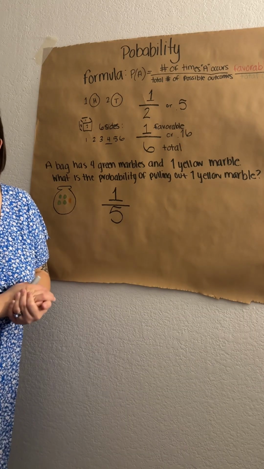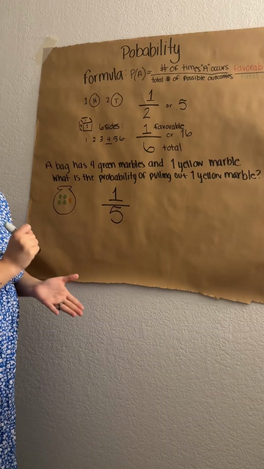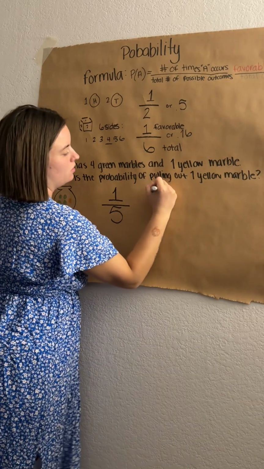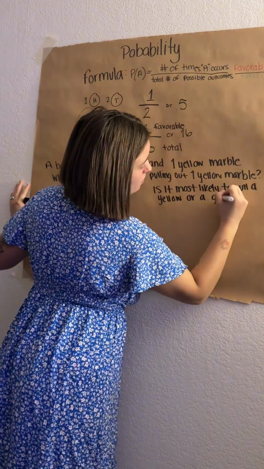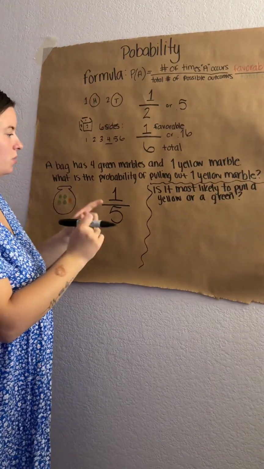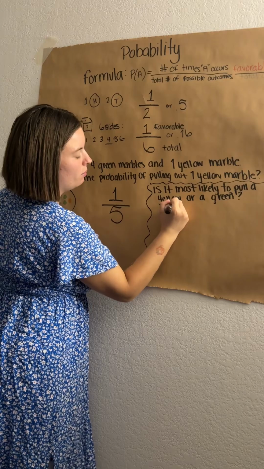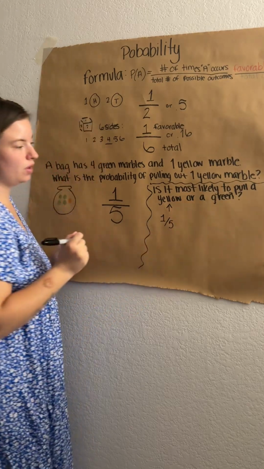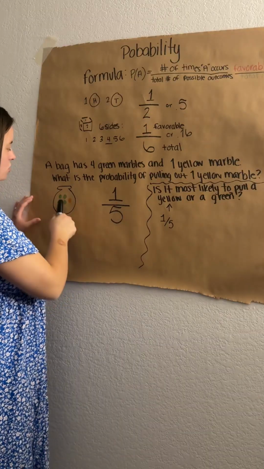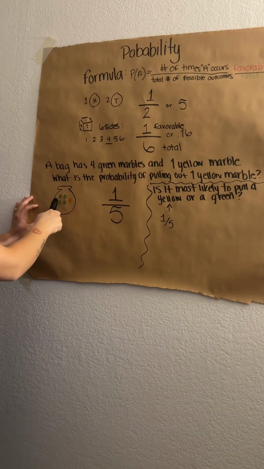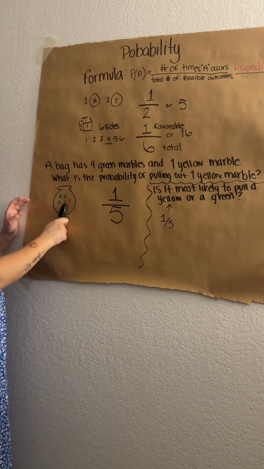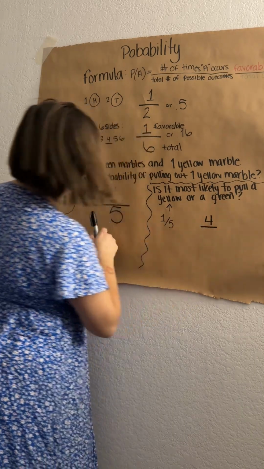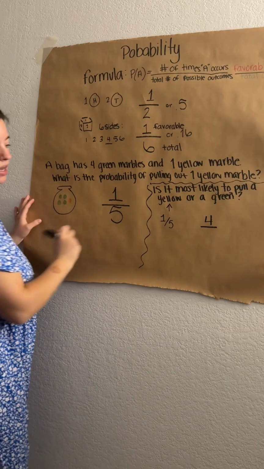The next question is, is it most likely to pull a yellow or a green? So let's do that right here. We know for a yellow, the probability is 1 over 5. But for a green, the favorable would be 1, 2, 3, 4, and then we would have it over the same number, which is 5.